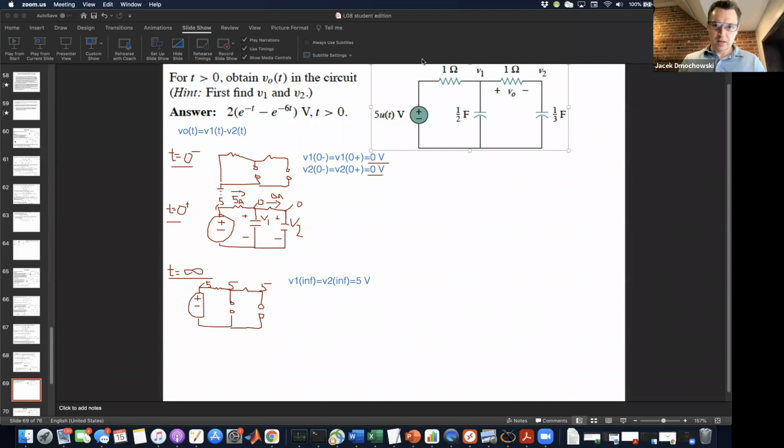Okay, so I'm just going to write that underneath to make myself some room. And I'm going to take care of the natural response up here. So the natural response circuit will look like this.